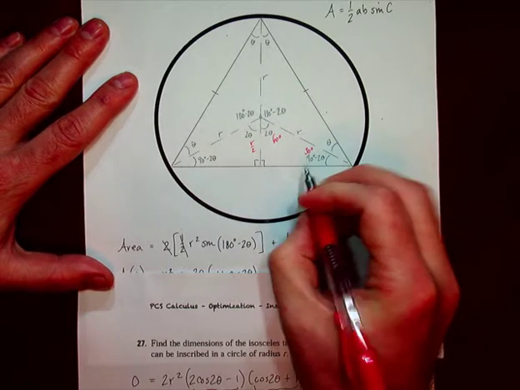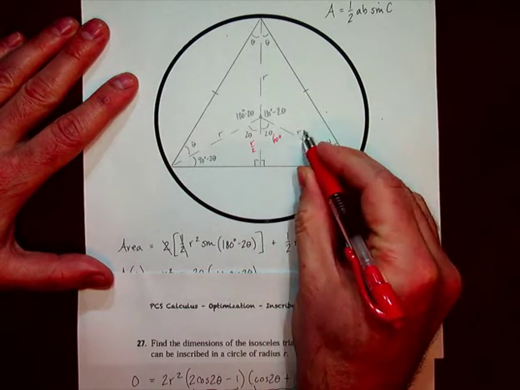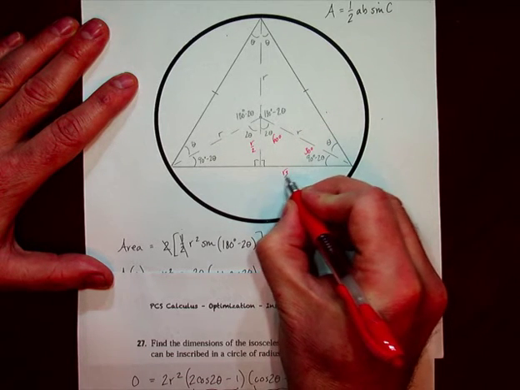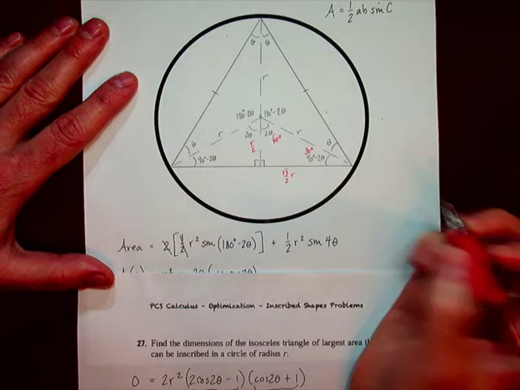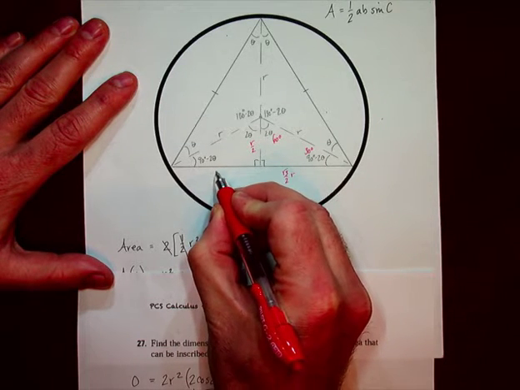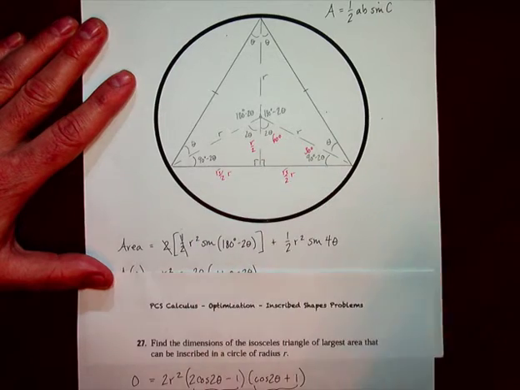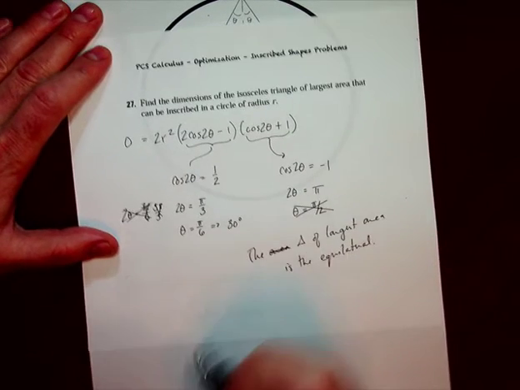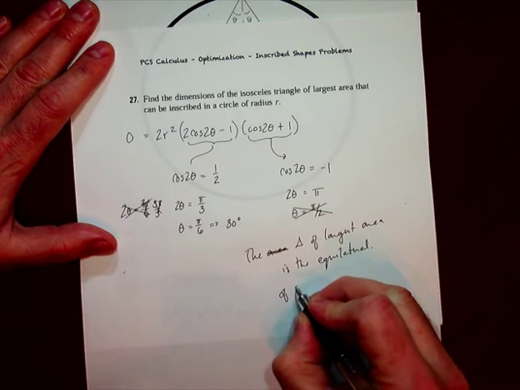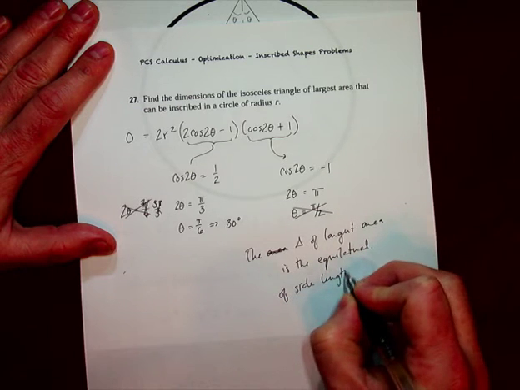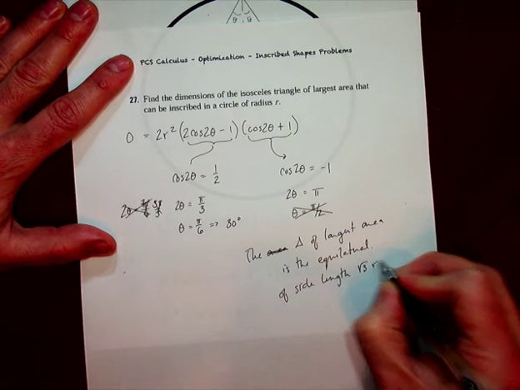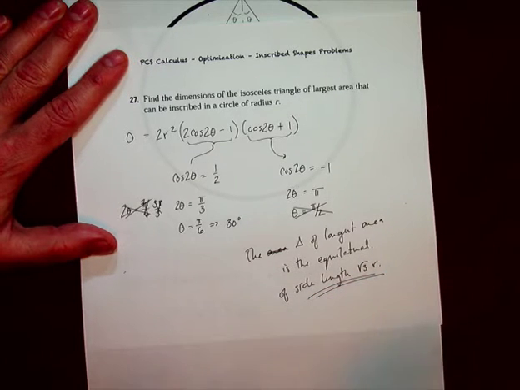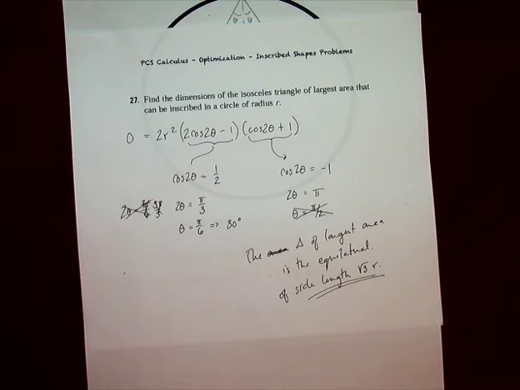And this over here, since it's twice that, becomes root 3 over 2 r. And this over here is also root 3 over 2 r. Basically, you would have an equilateral triangle of side length root 3 r. So there's your dimensions.